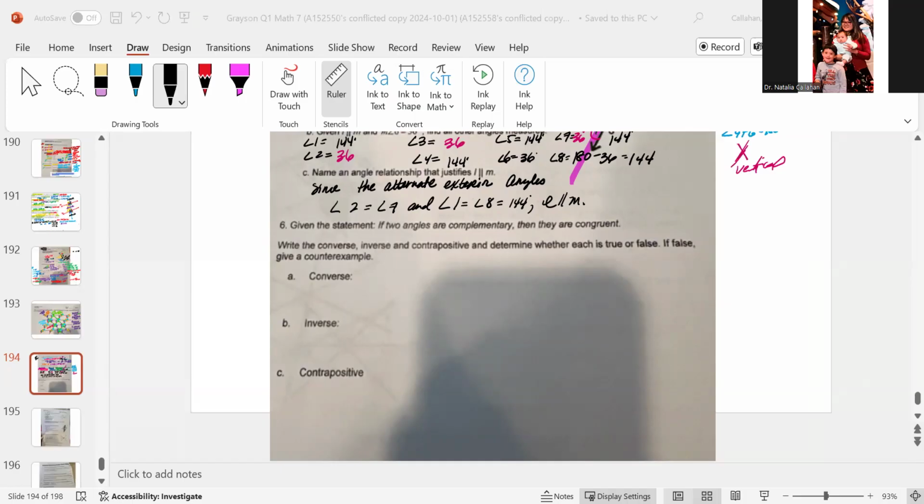Okay. So read the question again for me. What does it say? Converse, inverse, and contrapositive. And determine whether each is true or false. Okay. So you need to copy this down in your math notebook.